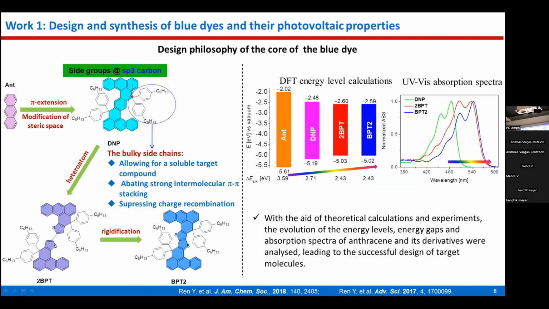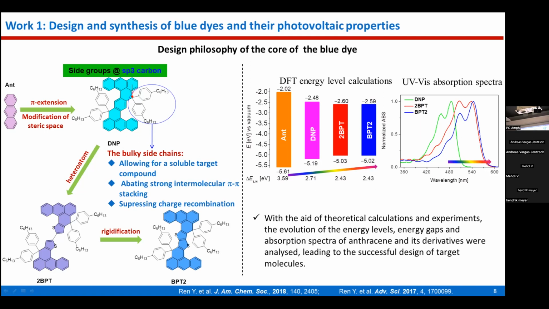The DFT calculation revealed that from the anthracene to the DMP, the HOMO level moves up a lot, and the LUMO level is also downshifted. Then we get a narrow band gap. Also, the absorption spectra show that from the anthracene to the BBT, it is greatly redshifted.